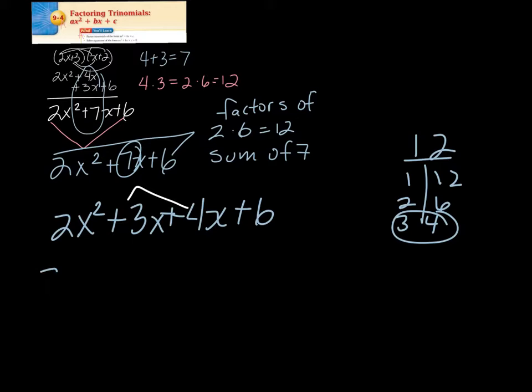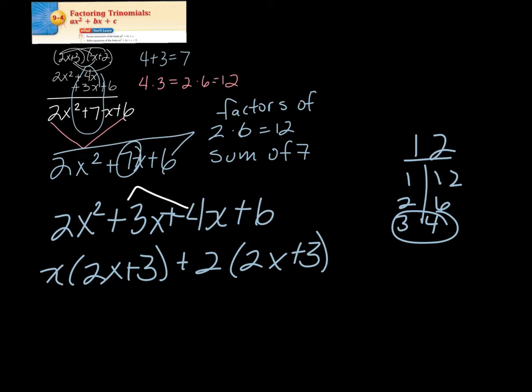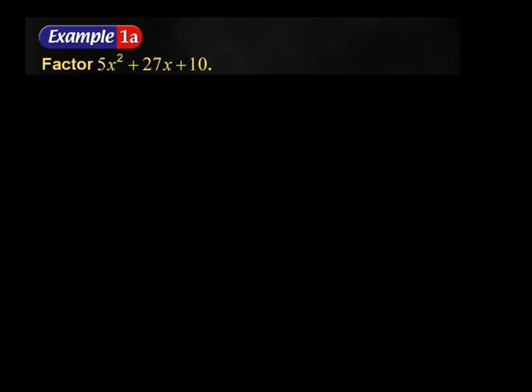The greatest common factor of the first two terms is x, so what I have left is 2x plus 3. The greatest common factor of the next two terms is 2, and by math magic, no, not really magic, I have 2x plus 3 there also. So my two factors are going to be 2x plus 3 and x plus 2. Amazing.